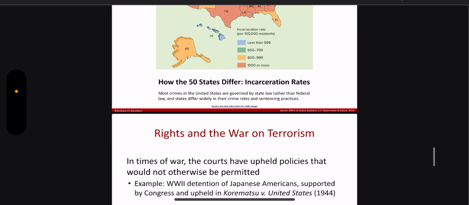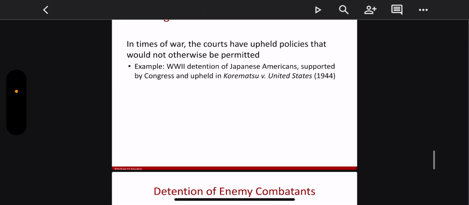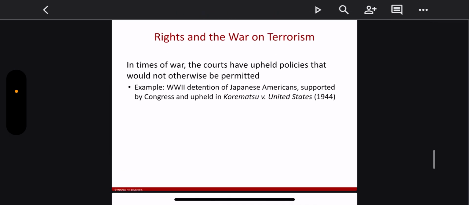So all of that said, what happens in times of war, right? What happens to our rights after 9/11, for example? And the quick and easy question is, it depends. Okay, it depends. Individual rights kind of get thrown to the wayside whenever there is some sort of national security threat.